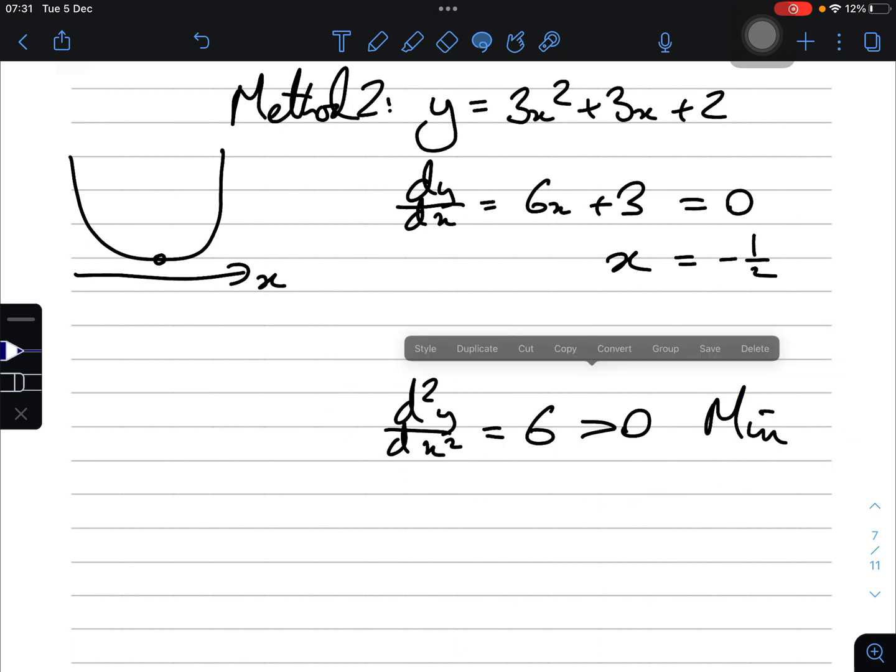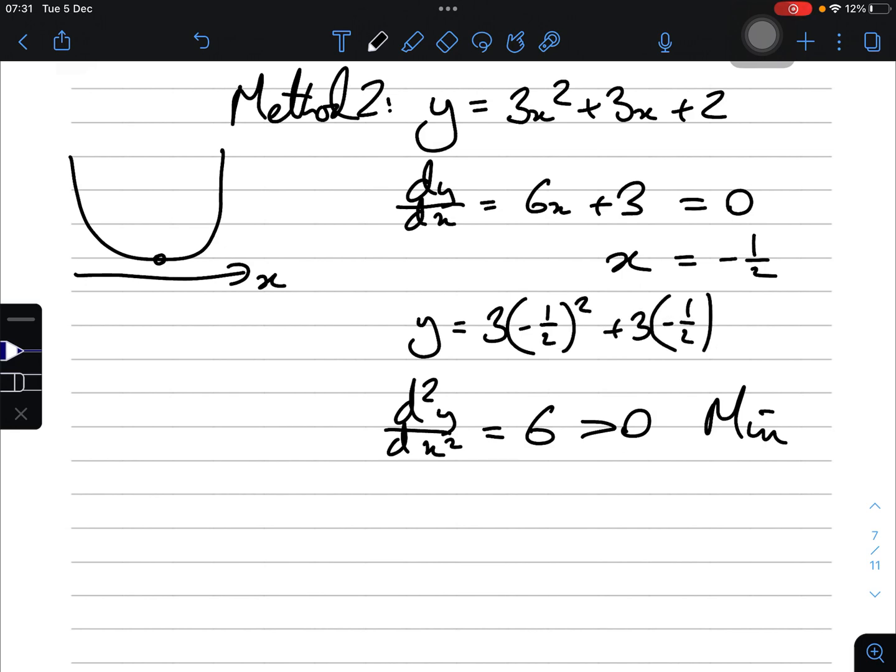Let's plug that in to find our y solution. So y would be 3 lots of minus a half squared plus 3 lots of minus a half plus 2. Well, minus a half squared is a quarter, so 3 over 4 minus 3 over 2, so that's 6 over 4, sorry.